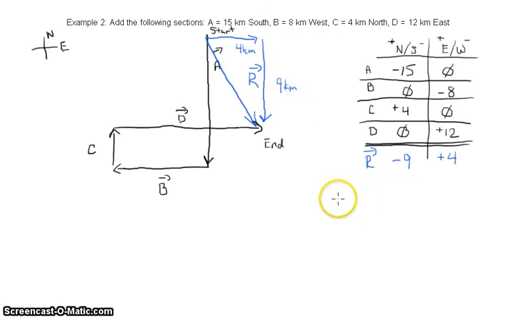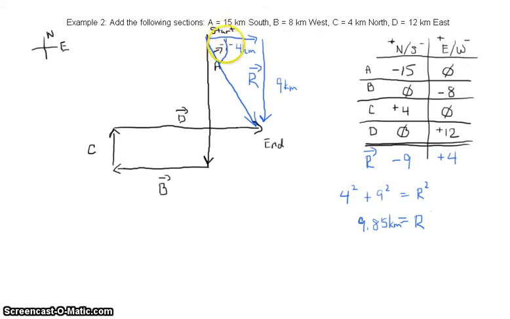So if we use Pythagorean theorem, we have 4 squared plus 9 squared, and that would be equal to our resultant squared. Square both sides, take the square root. Our resultant magnitude would equal 9.85 kilometers.